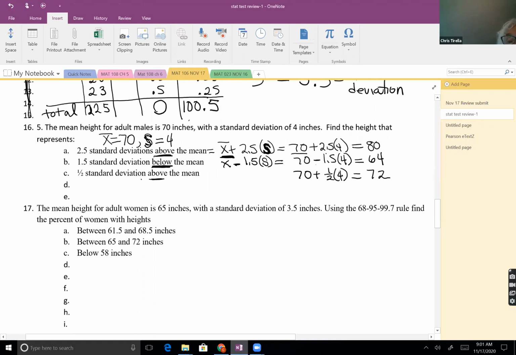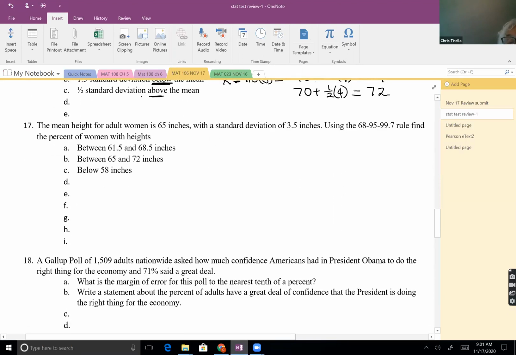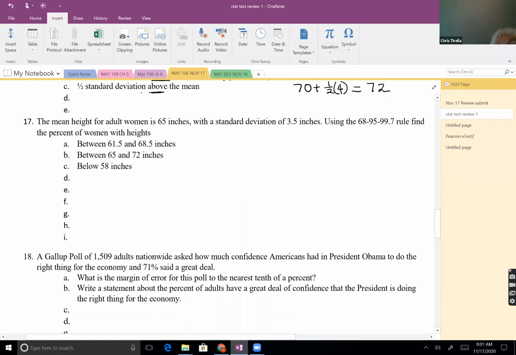We're going to make use of that line of reasoning to a certain point for the next question. The next question tells me the mean height for adult women is 65 inches with a standard deviation of 3.5 inches. We're using the 68, 95, 99.7 rule.